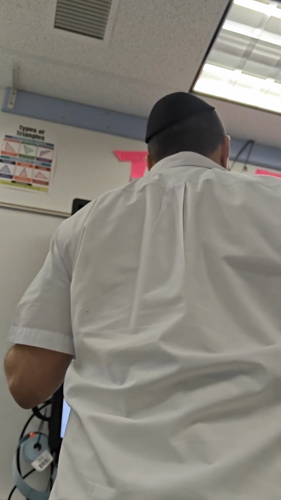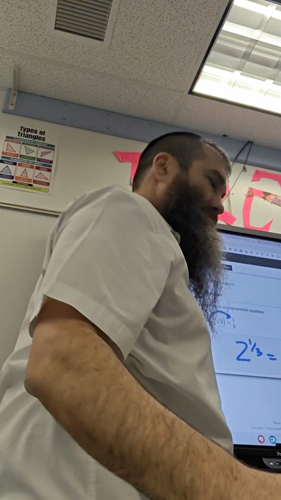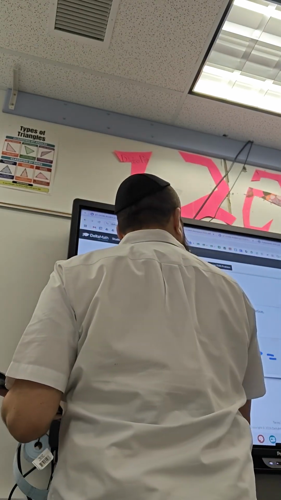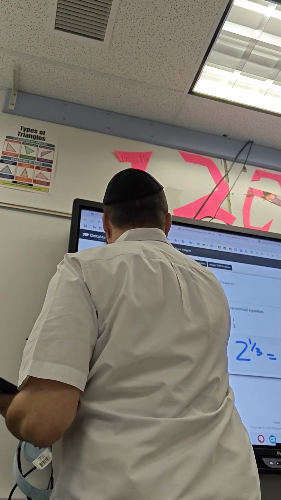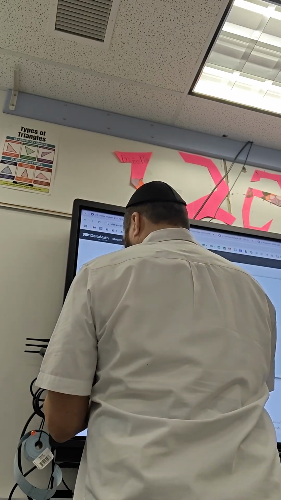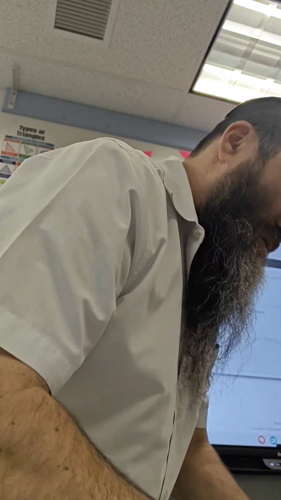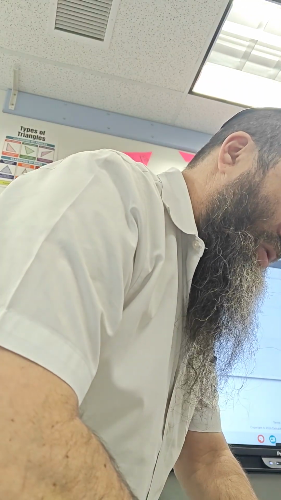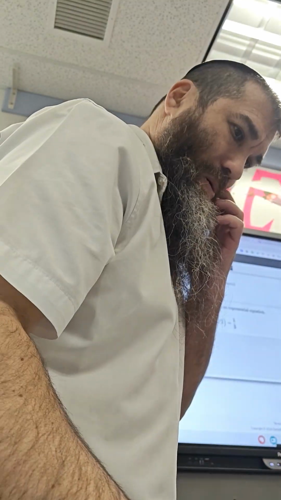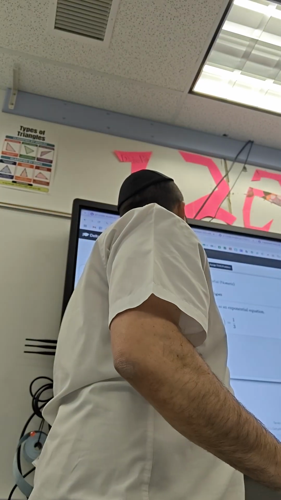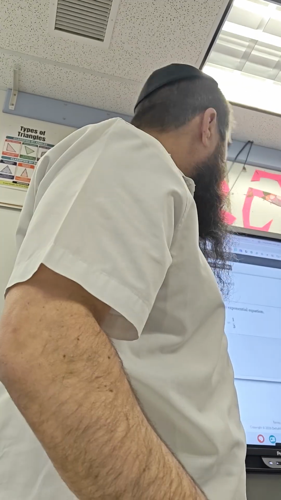Write the logarithm as an exponential equation. I think that's all they want. 2 to the 1/3 equals the 3rd root of 2.